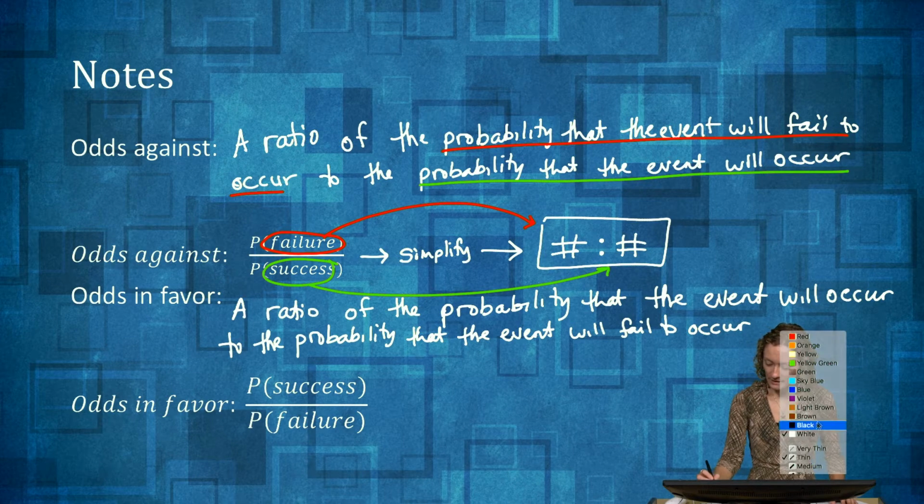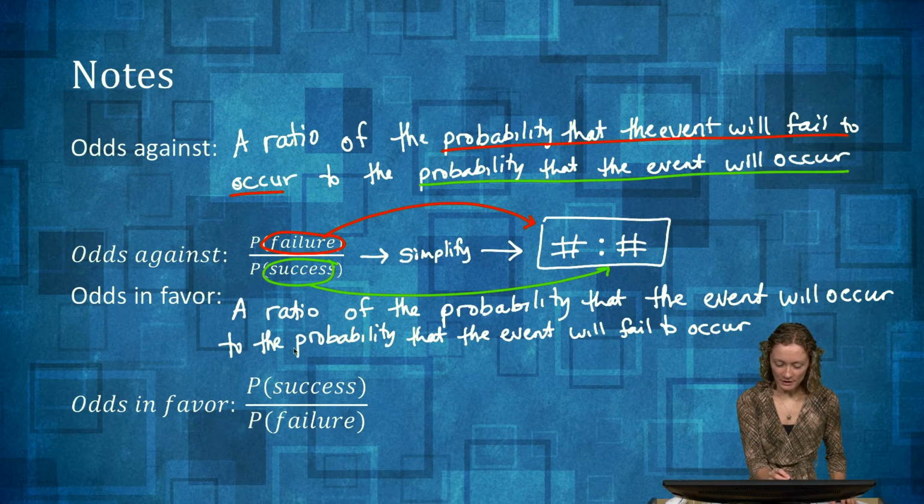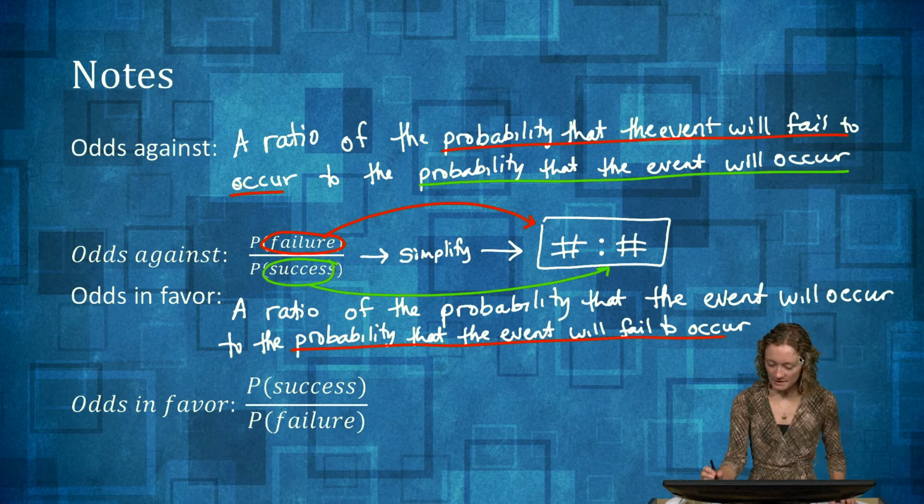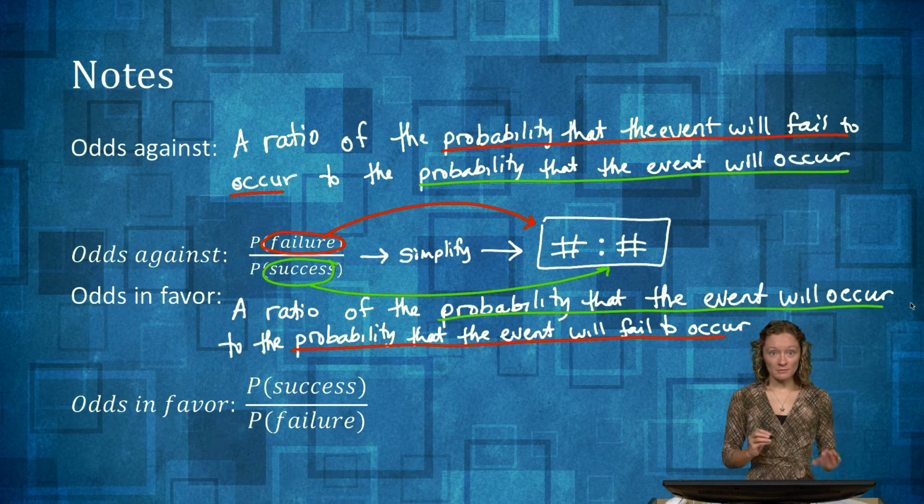Okay, so again, the two things we're seeing are failure and success. In this case, failure is listed second, and success is listed first. The same two pieces of information, they're just flipped.